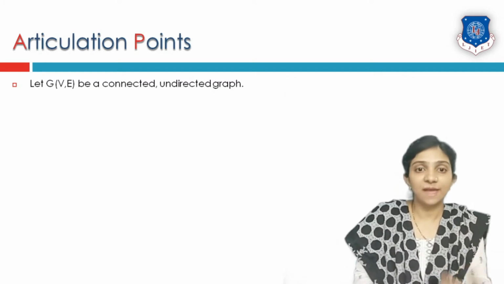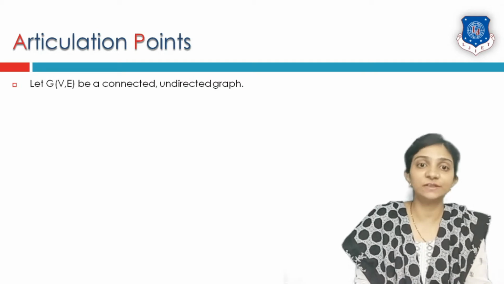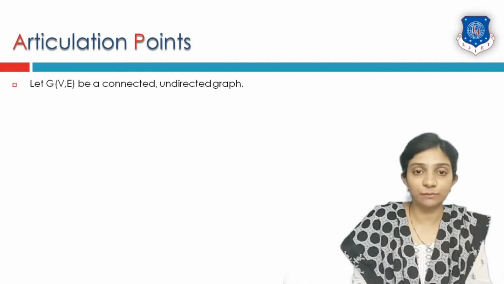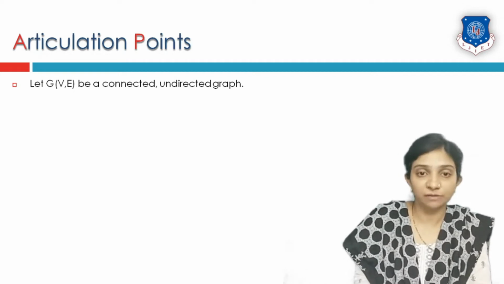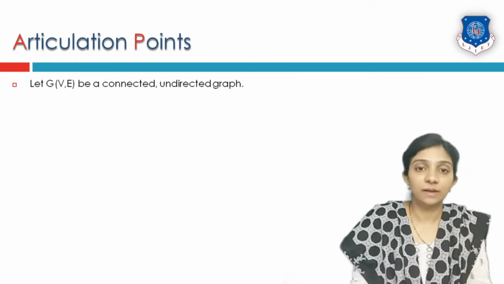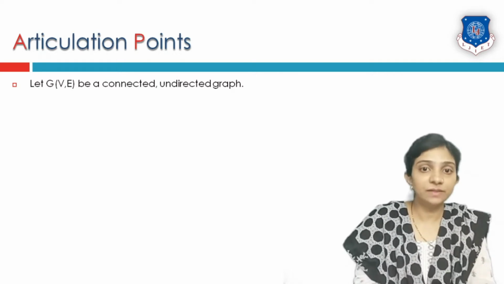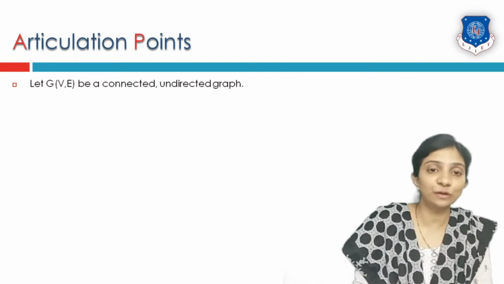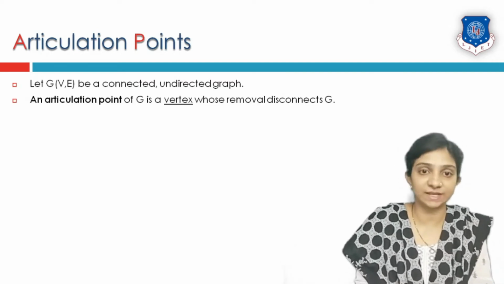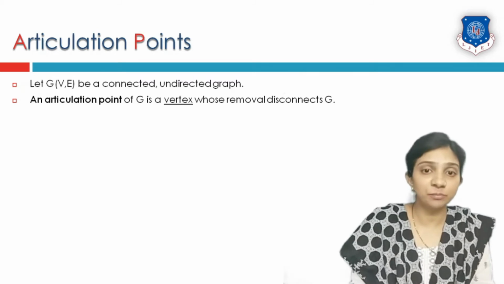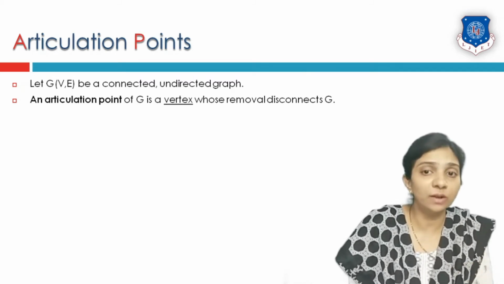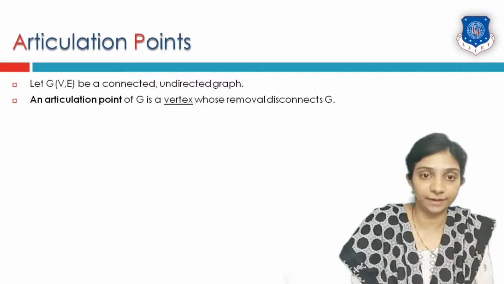That means every vertex of a graph is reachable. There is no isolated vertex which cannot be reached from any other vertex. Such a graph is called a connected graph. Now in this connected graph, which is also undirected, that means edges don't have direction, an articulation point of a graph is a vertex whose removal makes the graph disconnected.